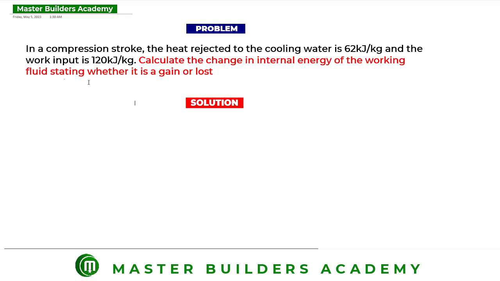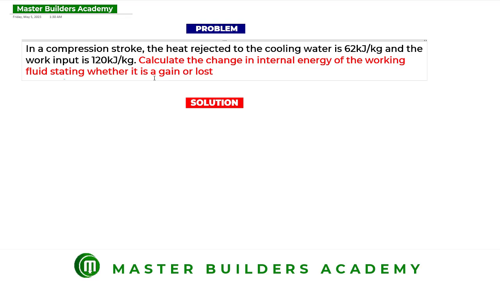Calculate the change in internal energy of the working fluid, stating whether it is a gain or a loss. Because this is a word problem, the first thing we want to do is to extract the given parameters. So we'll start with given.